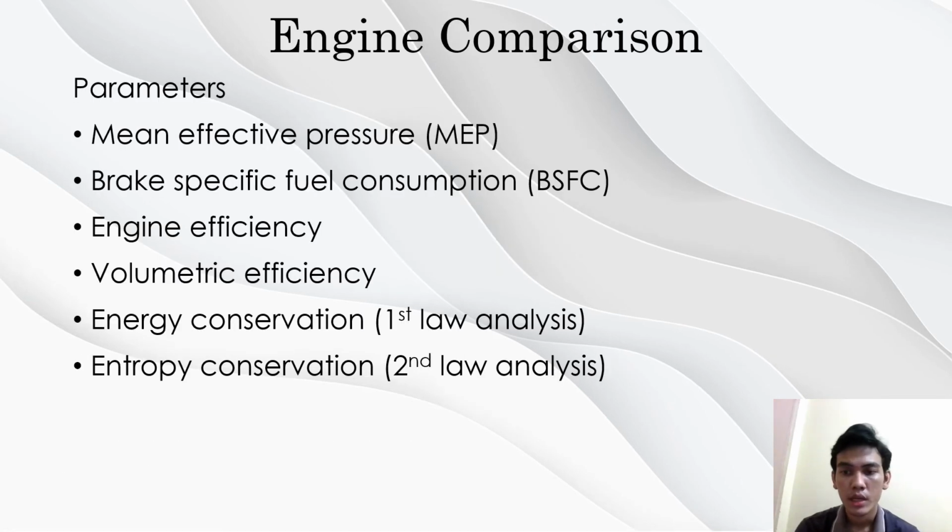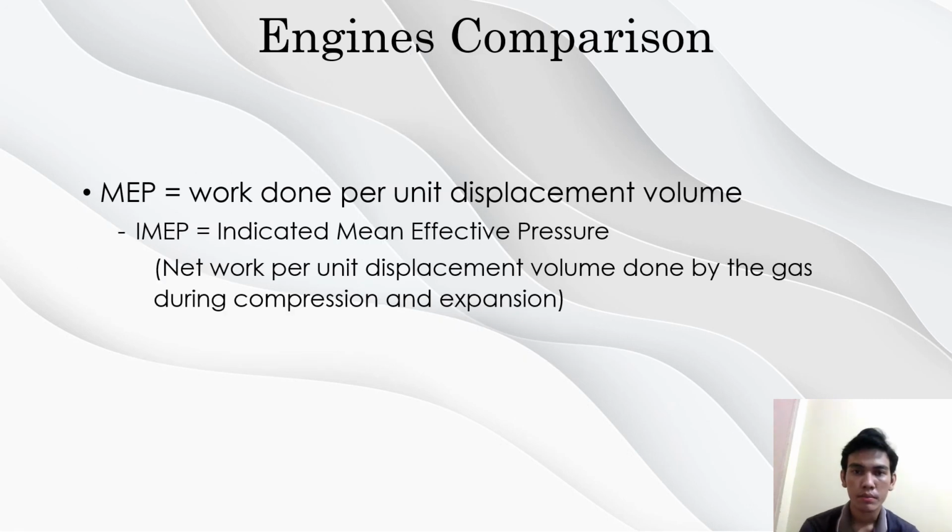So these are the parameters. Firstly, the mean effective pressure MEP, brake specific fuel consumption BSFC, engine efficiency, volumetric efficiency, energy conservation for the first law analysis, and entropy conservation, second law analysis. MEP, mean effective pressure, is the work done per unit displacement volume, categorized as IMEP and BMEP.